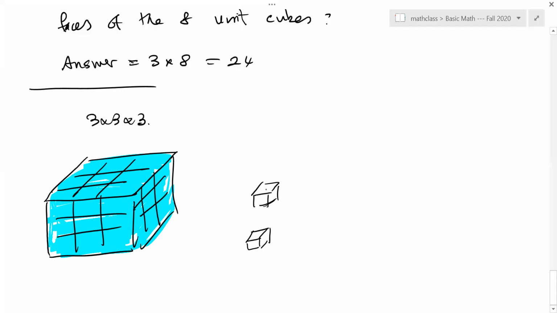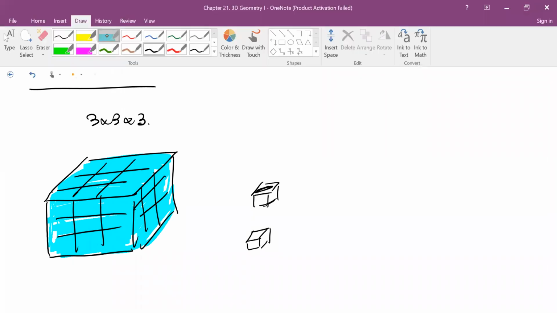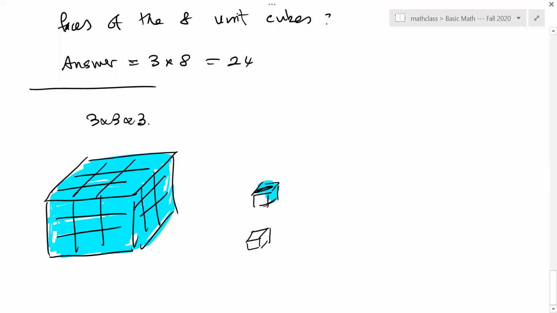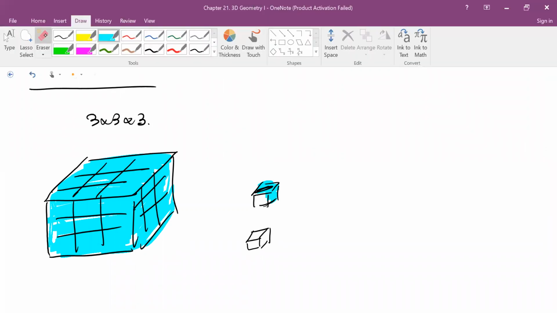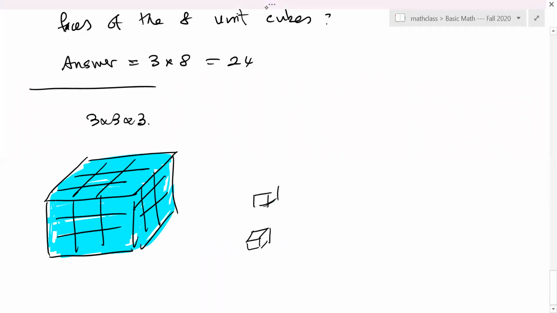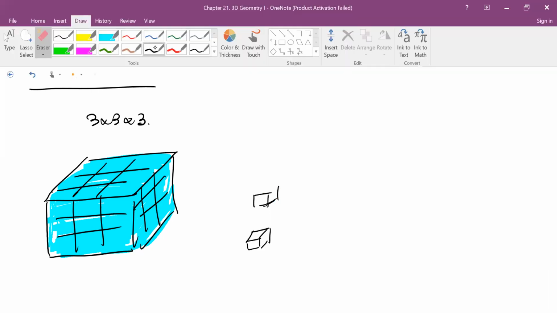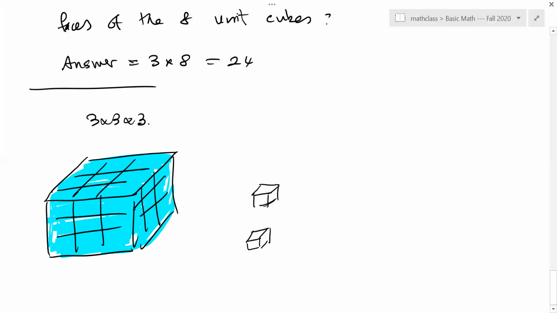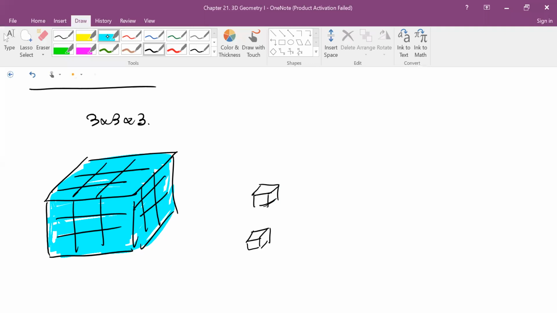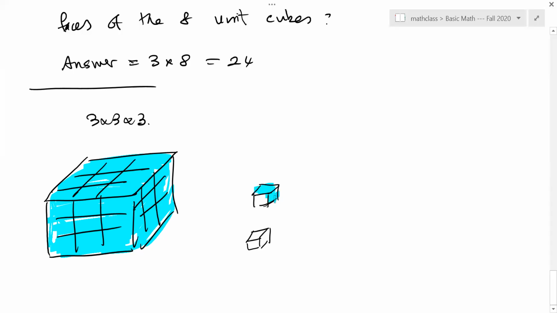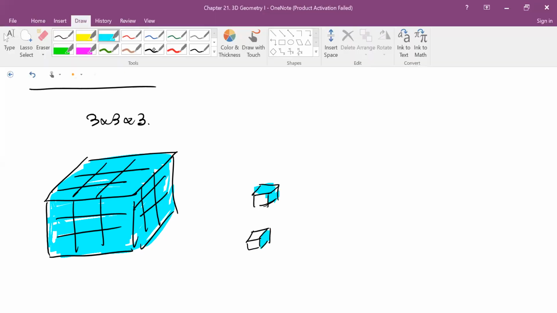For example, the one on the top, and the one on this side, just one face is painted. Look at this picture.